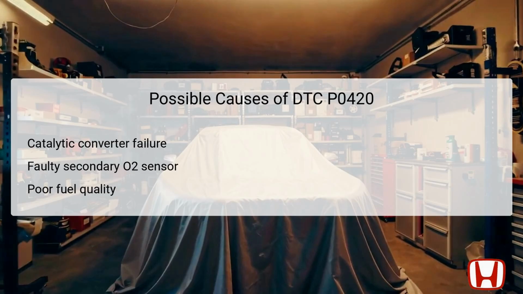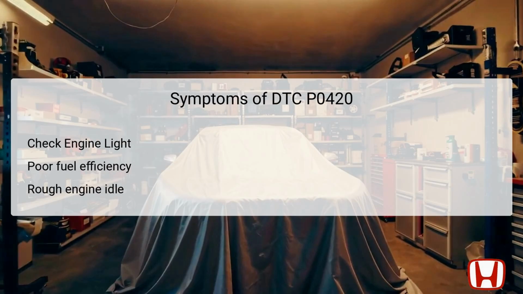Before proceeding with troubleshooting, it's essential to rule out these causes and consider the implications they may have on engine performance and emissions output. The presence of DTC P0420 typically results in several obvious symptoms. One of the most notable indicators is the illumination of the check engine light, CEL, on the dashboard, alerting the driver to a potential issue.